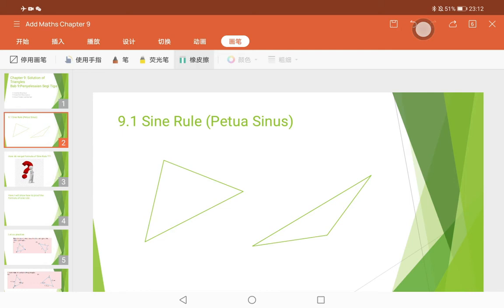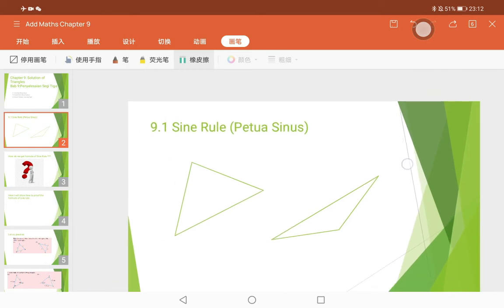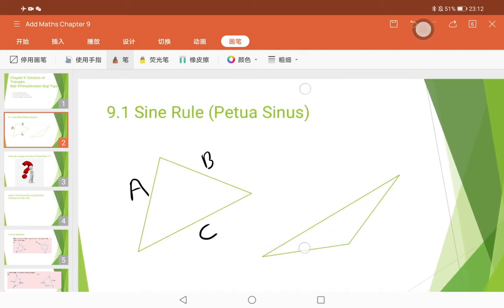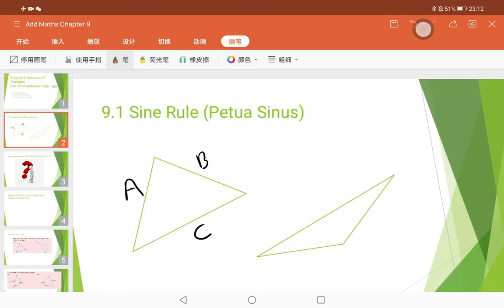So let's say here we have two triangles. So we have the line A, we have the line B and line C. Okay, so the angle opposite of line A, I will treat it as angle A, and then opposite of side B, pointed to the angle, I will treat it as small b.